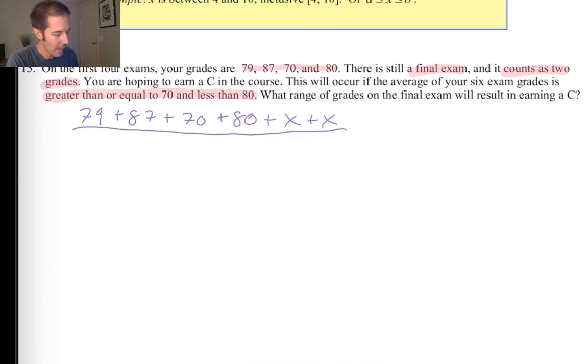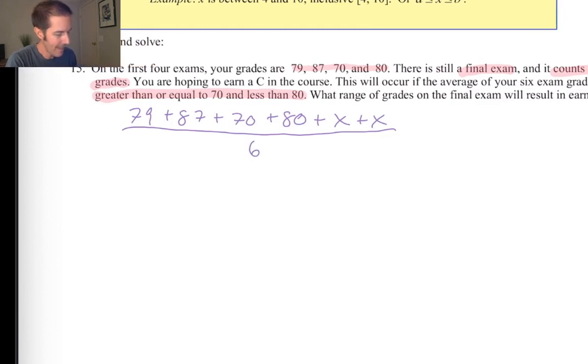So it's like having 6 scores, so to average them we'll divide by 6, and we were told that we need that average to be greater than or equal to 70 and less than 80.